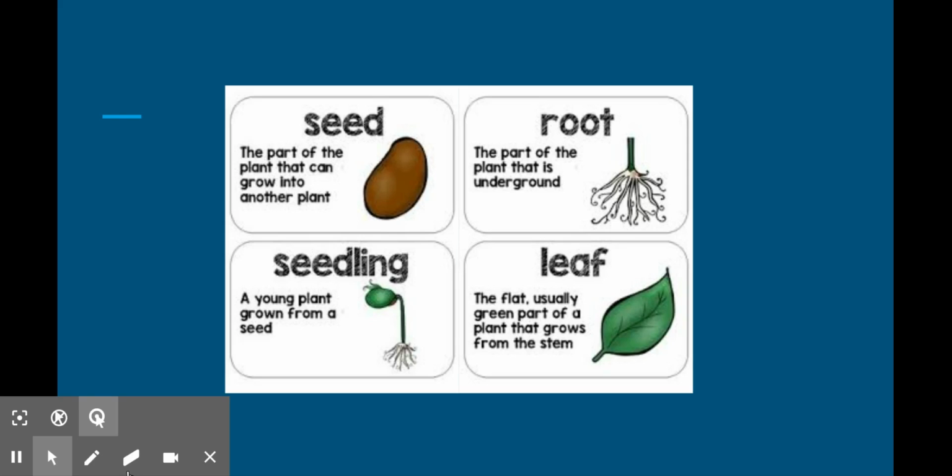The next one says seedling. A seedling is a young plant grown from a seed. And the last box says leaf. A leaf is the flat, usually green part of a plant that grows from the stem.